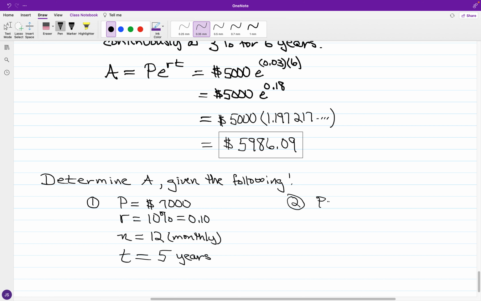And say that in the other case, you have $7,000, and the rate is also at 10%. And the time span is for 5 years.